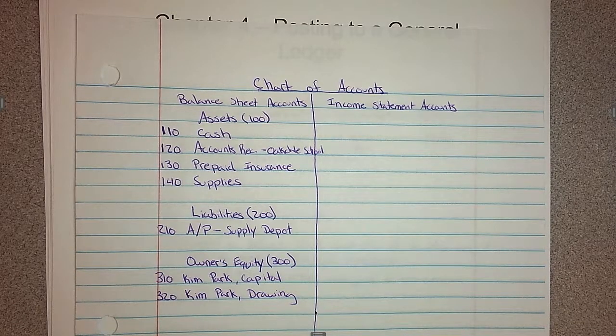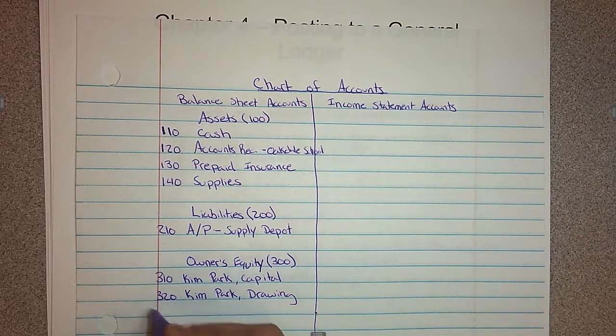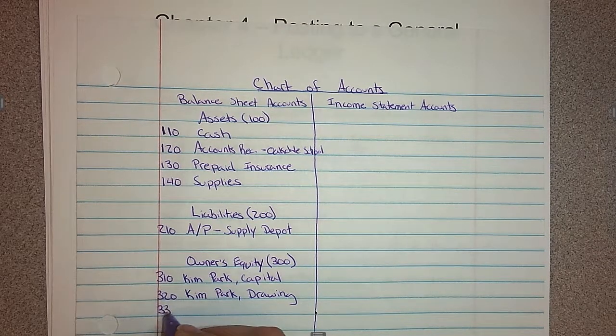And then I'm going to throw a weird one in there, only because it's going to show up on all of your assignments, but you're never going to use it, at least not in this chapter. We will eventually use it, but we won't use it in this chapter, but you'll keep seeing it, and it will annoy you that it's always there, and that's called income summary. It's number 330.